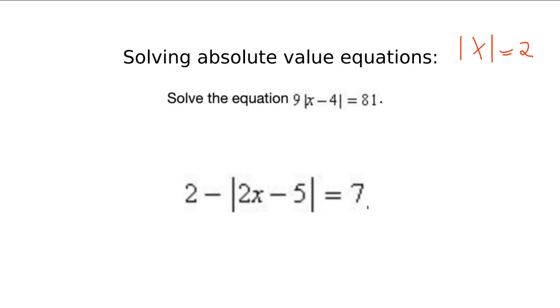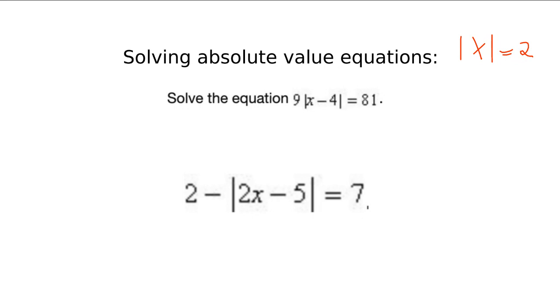What would my answer be? 2 and negative 2. Oh, you guys must have watched the pre-recording, the lesson tutorial. You're absolutely right. You're going to end up with 2 answers this week when you're solving an absolute value equation.